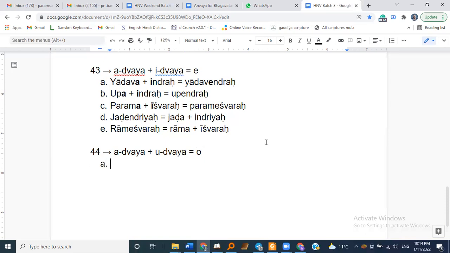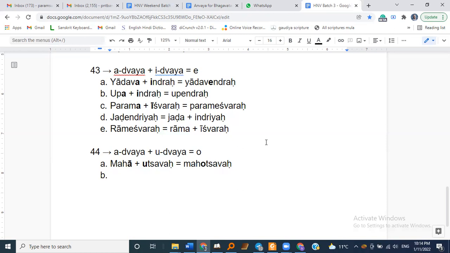For example, let's say Maha Yukta Utsavaha. So this is one of the Advayas, and the following Varna is one of the Udvayas, Vamana U. So both of them are replaced by O Rama. So we get Mahotsavaha.